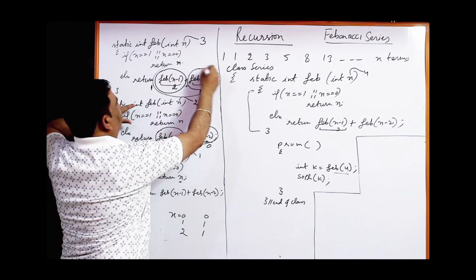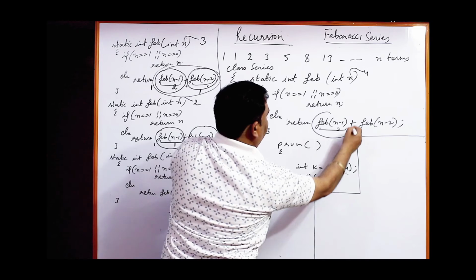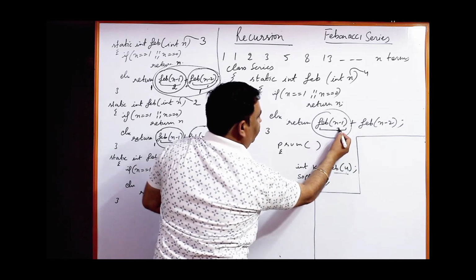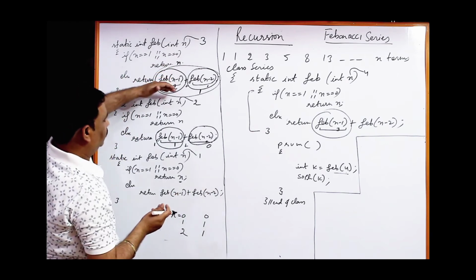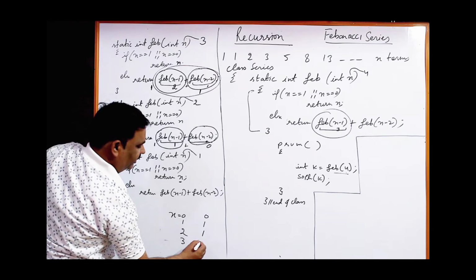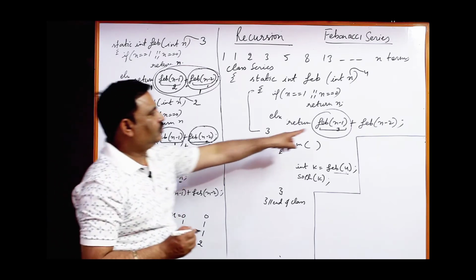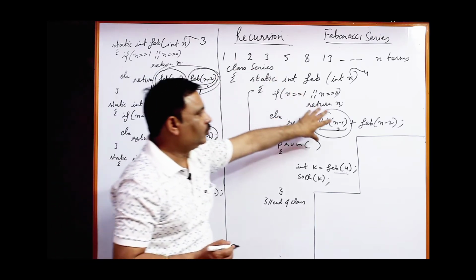Altogether 2 will be returned to this function. So when we are passing 3, it will return 2, and when we are passing 2, it is returning 1. So 3 here we are passing to this function, finally it is returning 2.